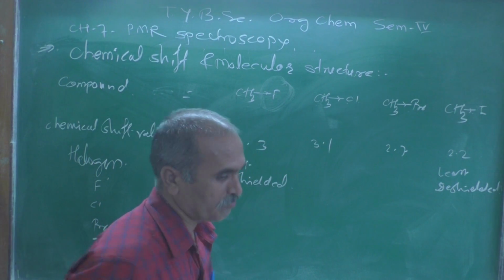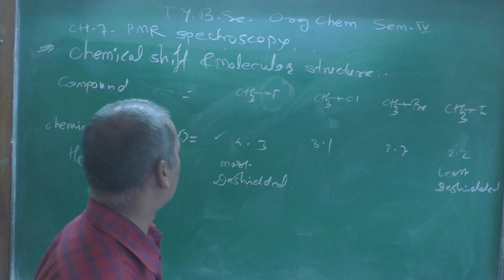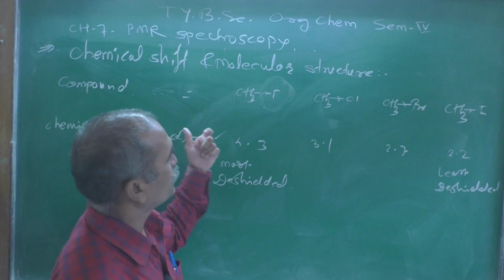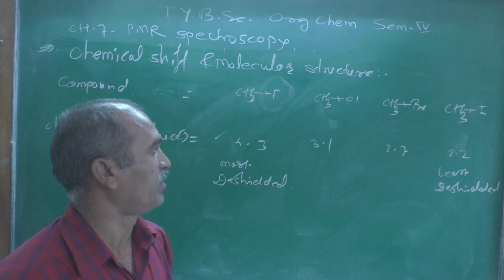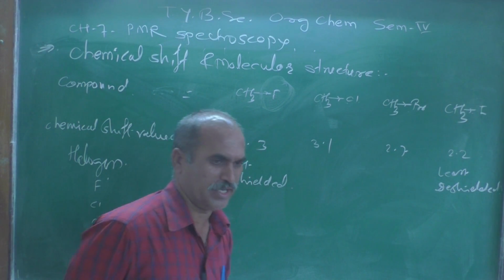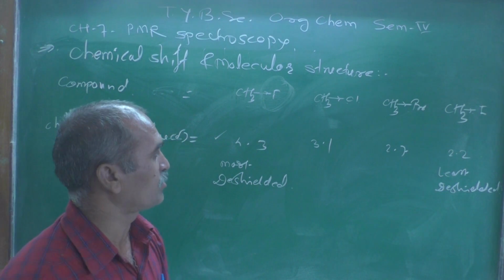You can observe the trend: the delta value is less, and it is found to be 3.1 here. The same trend you will observe in the remaining molecules.